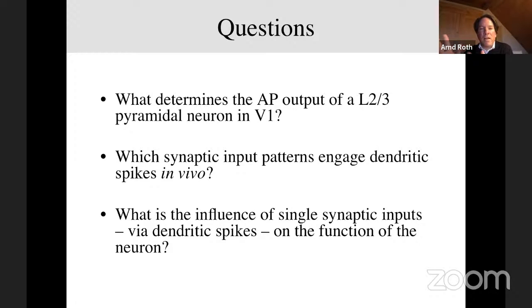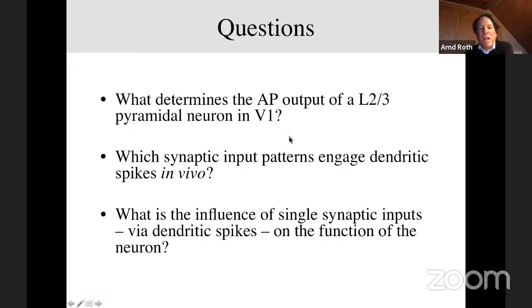If we run a model of a layer 2-3 pyramidal cell that is part of a circuit and receives input generated by the rest of the circuit, what determines whether this neuron will spike and at what output rate, and whether it will be a tuned output?